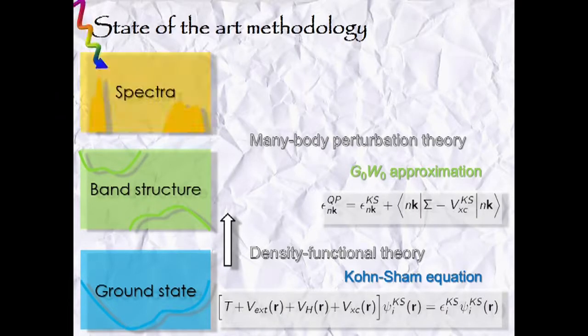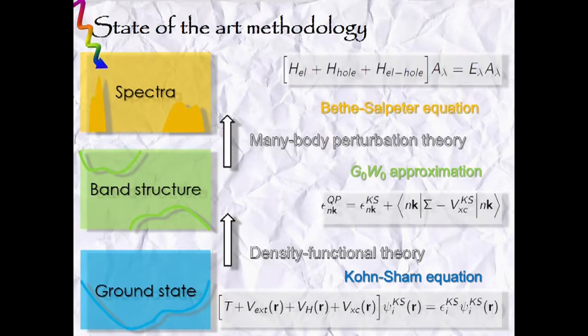So in essence, we go up in theory, and what we compute now is this so-called Bethe-Salpeter equation, which includes, besides the interactions of the many-electron system or many-hole system, which we can treat by these levels of methodology below, a term that takes into account the electron-hole interaction, so the Coulomb interaction between these two charged particles.